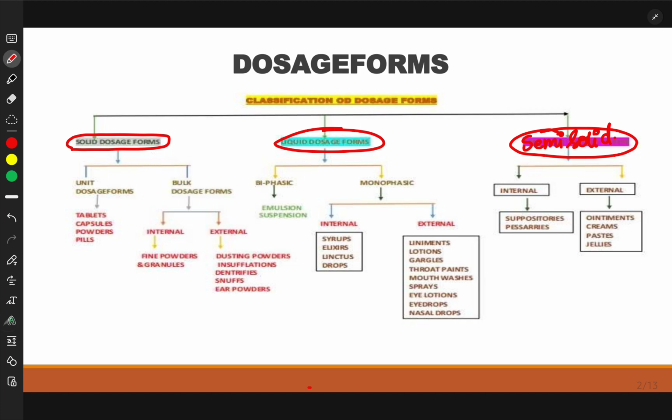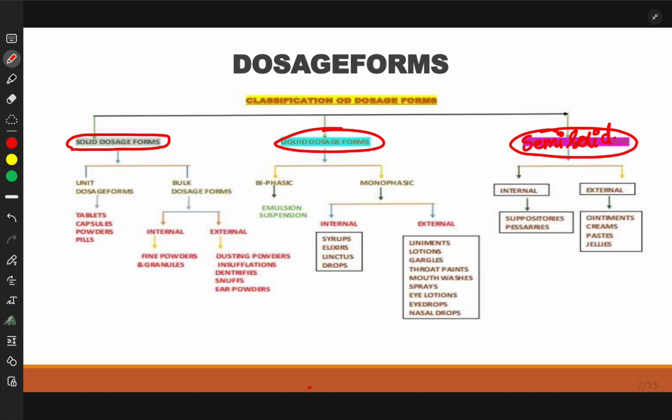See, in bulk, by observing the name, bulk means it is no particular quantity. There may be some gaps in between the powders, like it is a bulk. We cannot say separately. In that also we have internal and external based on the place we use.